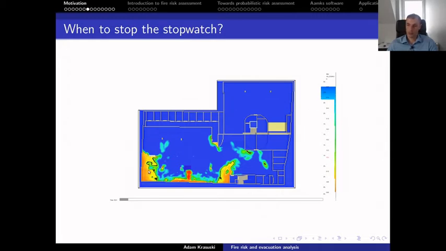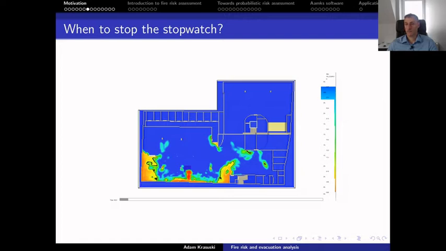This yellow-orange color and this dark black color define the places where the visibility is shorter than 10 meters. 10 meters is often used as the critical value.